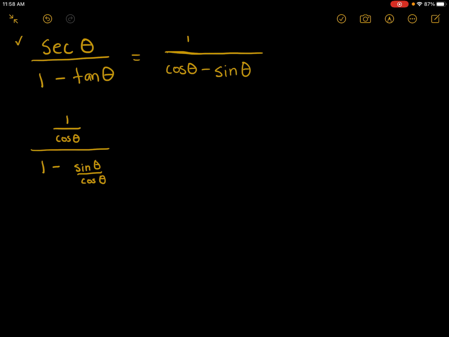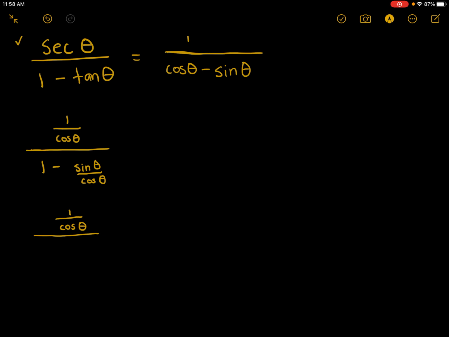So we have a fraction within a fraction. Anytime you have a fraction within a fraction, you want to first get common denominators in numerators and denominators. So we're going to leave the numerator of this fraction alone. We're going to still leave that as 1 over cosine theta.